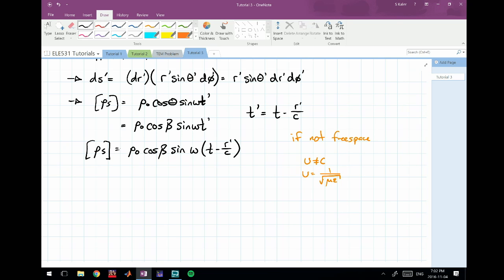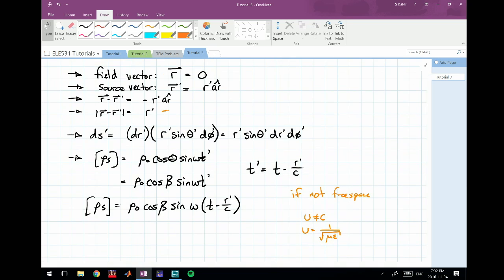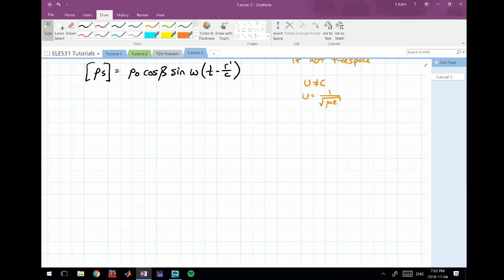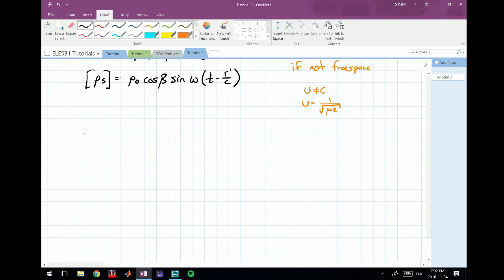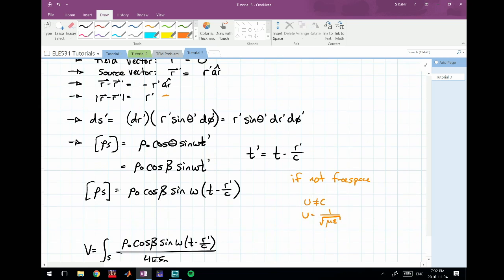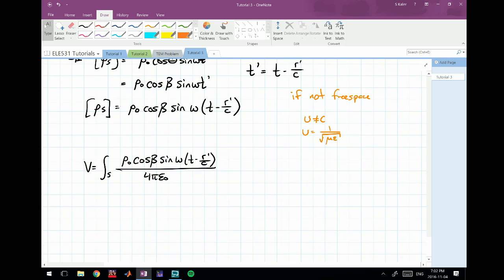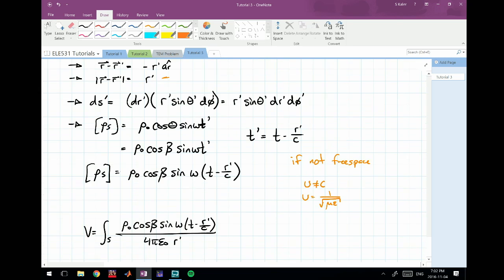So now we can plug everything into the integral and start integrating, which I guess is probably relatively simple. V s is going to be rho naught cos beta sine omega t minus r prime over c, divided by 4 pi epsilon naught. The magnitude of R minus r prime is just r prime, we said, right here.